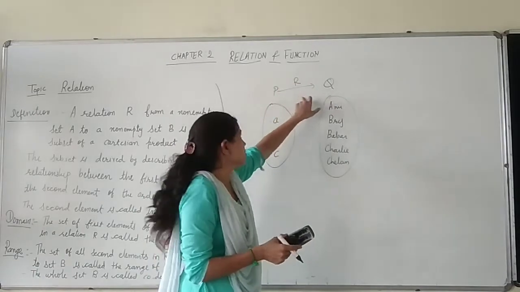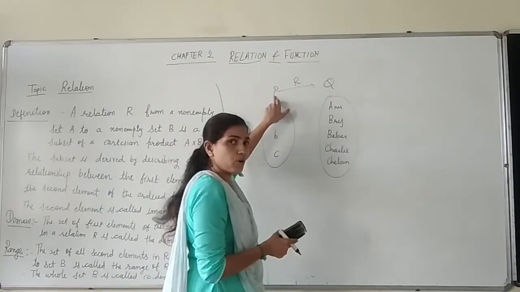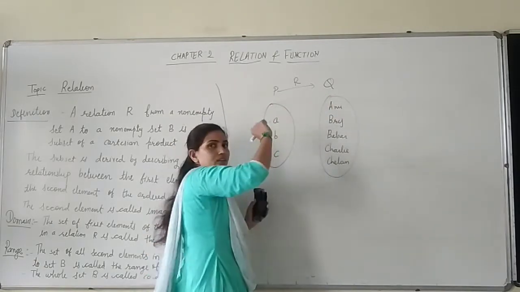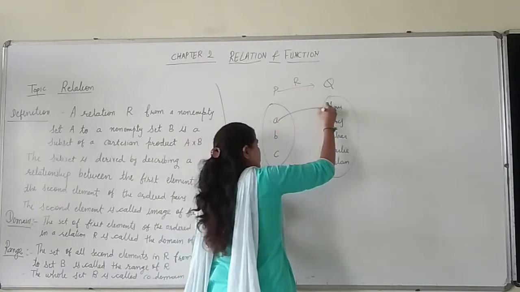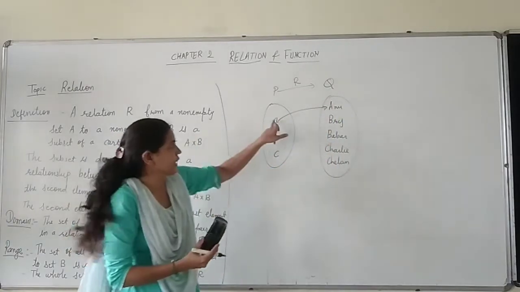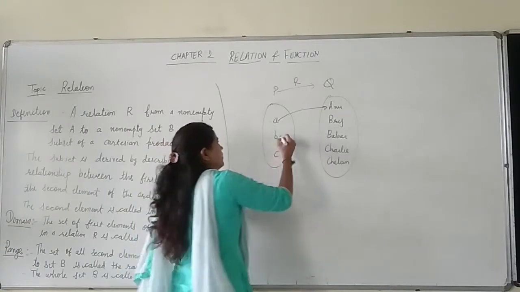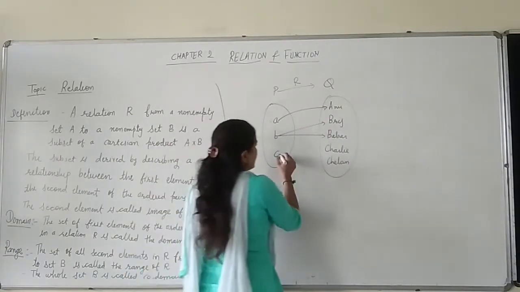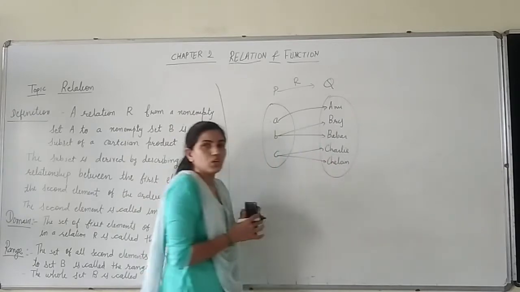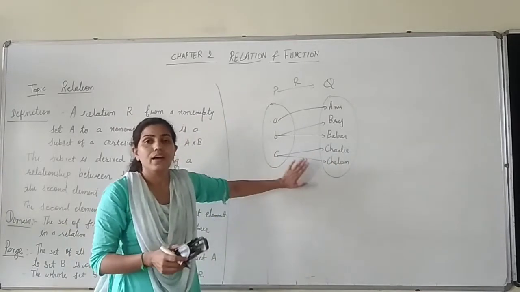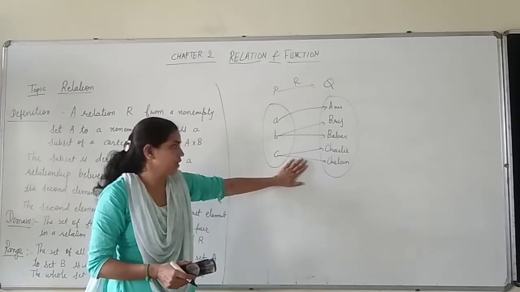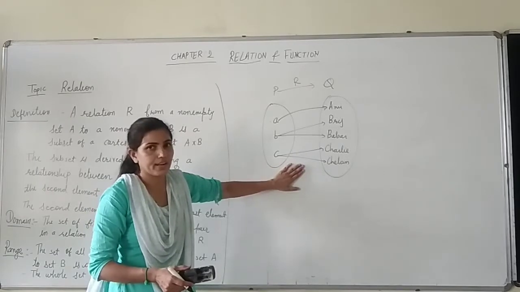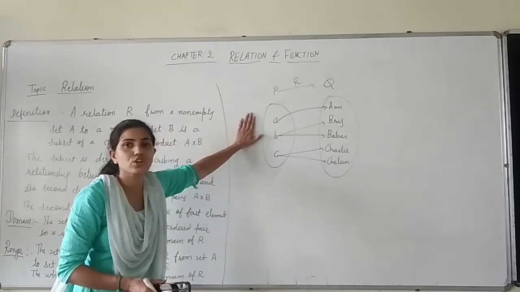R is a relation from P to Q. The first element is the first alphabet of the name. So A is related with Ami, B is related with Bridge and Babar, and C is related with Charlie and Chetan. So this is called the arrow presentation of the relation, or the relation presented by the Venn diagram.